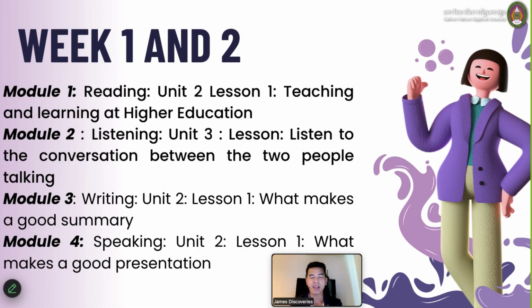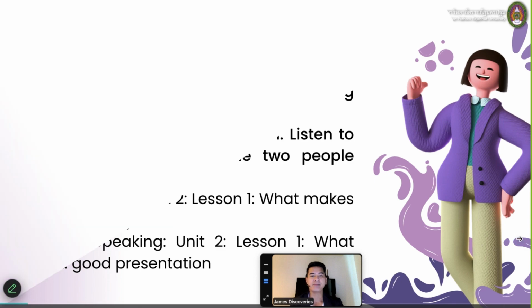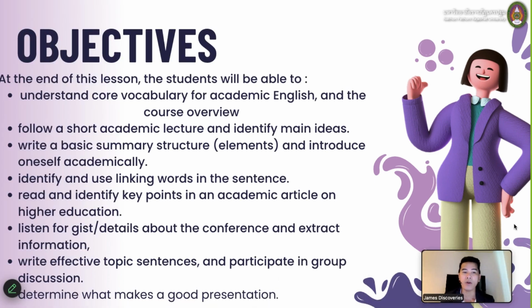Bear with me. Let's proceed now to the objectives so that you will understand what you're going to learn from this unit. Understand core vocabulary for academic English and the course overview. Follow a short academic lecture and identify main ideas. Write a basic summary structure and its elements, and introduce oneself academically.